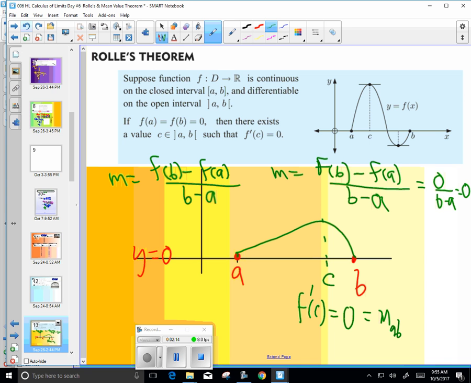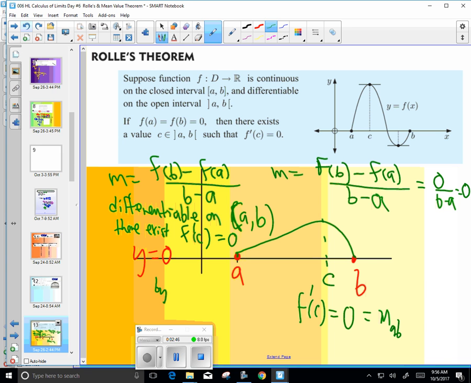Say that it's differentiable on AB. Okay, so if it's differentiable on AB, there exists f prime of C equals 0. There has to be a C where f prime of C equals 0 by Rolle's theorem.